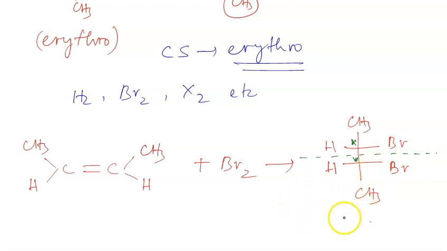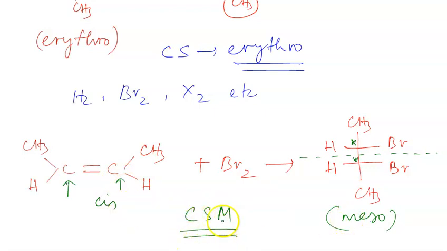That means it is clearly a meso compound. So in a cis molecule, when addition is syn, we are getting a meso compound. We can remember this like this: CSM. C for cis, S for syn addition, M for the resulting compound, that is meso.